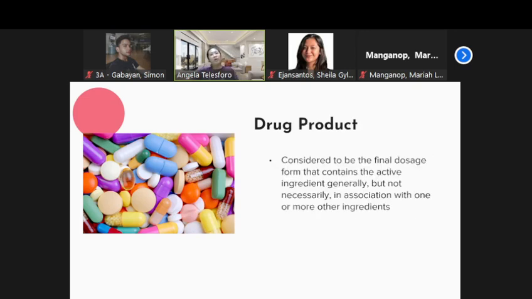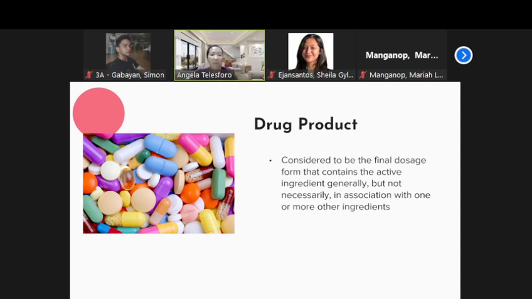Now, there is also what we call drug product. So you have to know how to differentiate this one, dosage forms, drug product. So ang drug product naman is considered to be the final dosage form. So yung drug product mo, kung ano yun siyang ibigay mo na sa pasyente. So, is it a capsule? Is it a tablet? Just like in the picture, di ba?